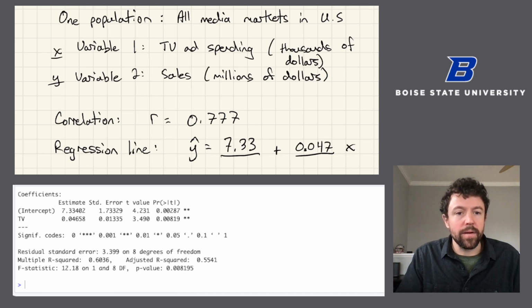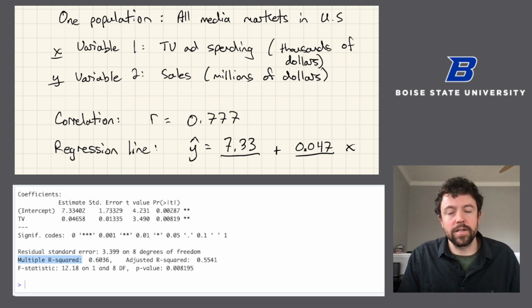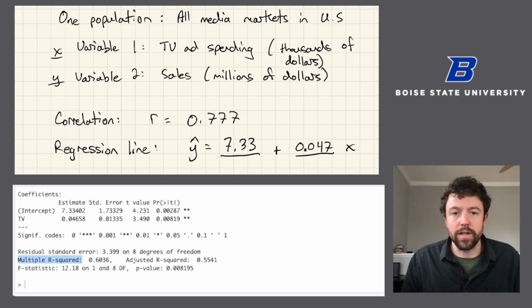The only thing that I do want to point out here is this number, 0.6036. And they're calling this multiple r squared. Remember, r squared, when we square the correlation, we get something that we can interpret, right? It tells us the percentage of the variation in y that's explained by the regression line.